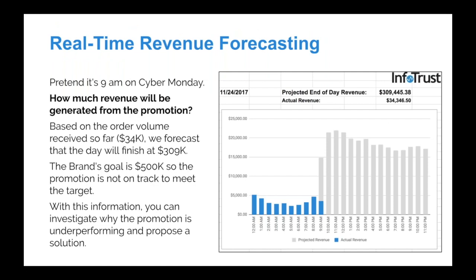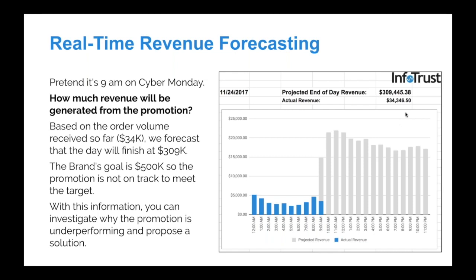So to walk through how we see this actually working in the real world, imagine this scenario. It's Cyber Monday. You show up at work, it's about 9 o'clock, and it's an important day. So it's important to know how much revenue we've generated so far, and are we on track?